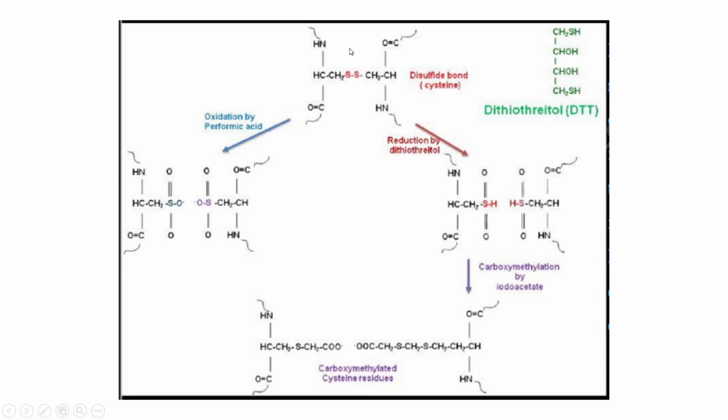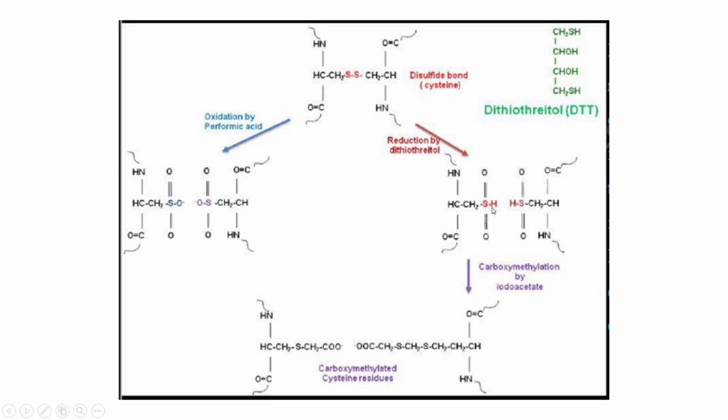Now this disulfide bond can be broken by using dithiothreitol. It can reduce this disulfide bond and the two cysteine residues will have free SH groups.